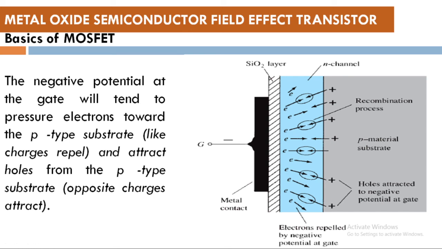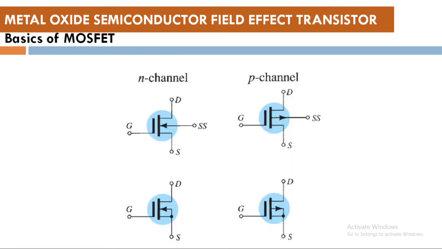So this was the construction and the working principle of depletion type MOSFET, and you can see the symbolic representation of the depletion type MOSFET is this, but please have a very good look into this particular symbolic representation.